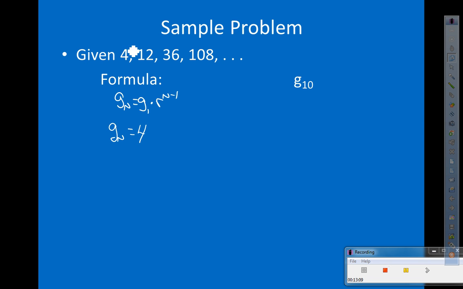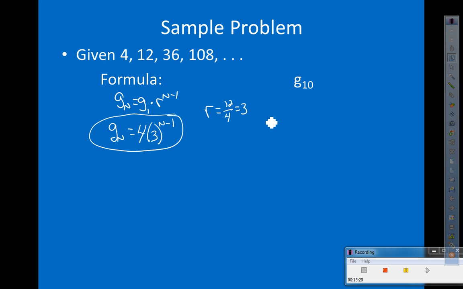And whatever it takes to go from 4 to 12, 12 to 36, if you don't see it right away, R is 12 divided by 4, which is 3. So I got 4 times 3 to the n minus 1. There's my formula. That's all there is to it. Don't simplify that because it can't be simplified.